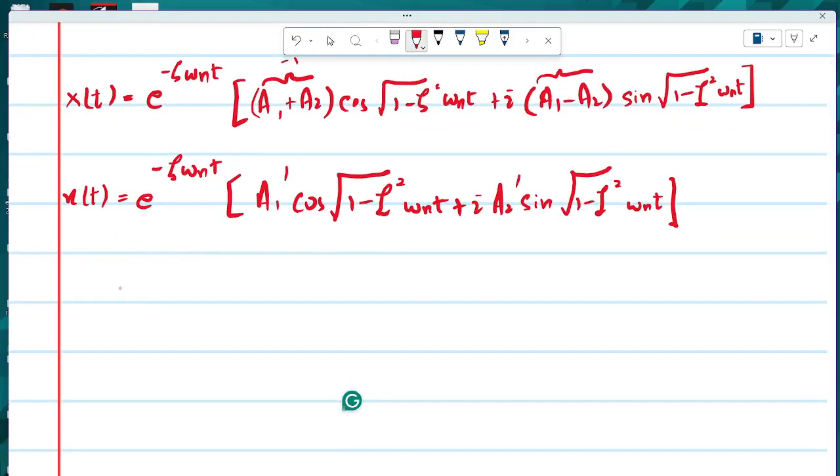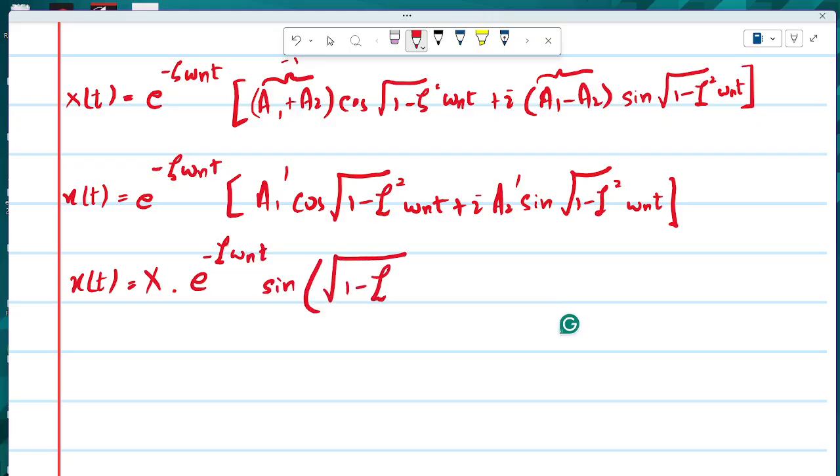From here you can write the general solution by reducing it further. It becomes x0 e^(-ζωn t) sine of (√(1 − ζ²) ωn t plus φ0), where φ0 is the phase.